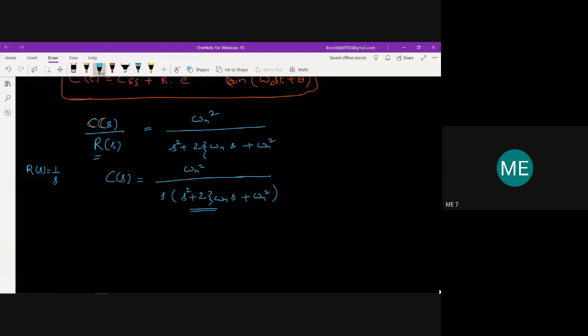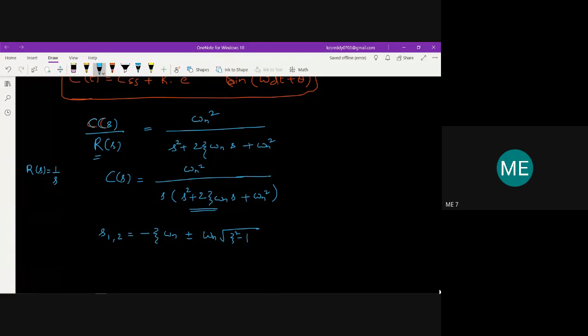So S square plus 2 zeta omega n into S. If I substitute zeta less than 1, we have S1,2 equal to minus zeta omega n plus or minus omega n into root of zeta square minus 1.